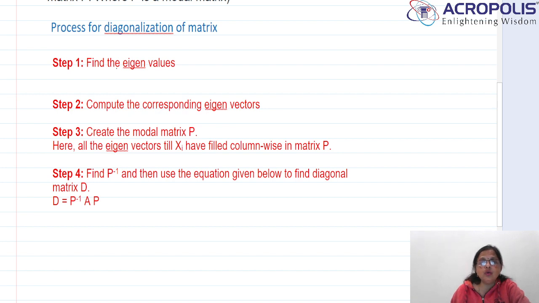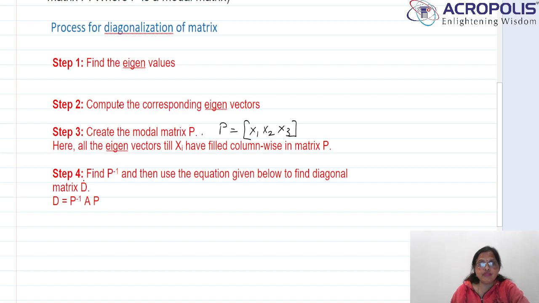And now, with the help of these two steps, once we find the eigenvectors, create the model matrix P. Model matrix P is a matrix in which all the eigenvectors are written in column form.